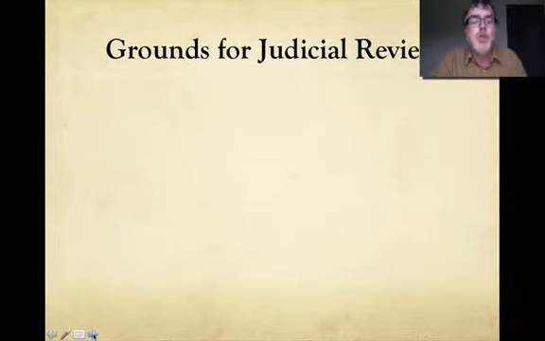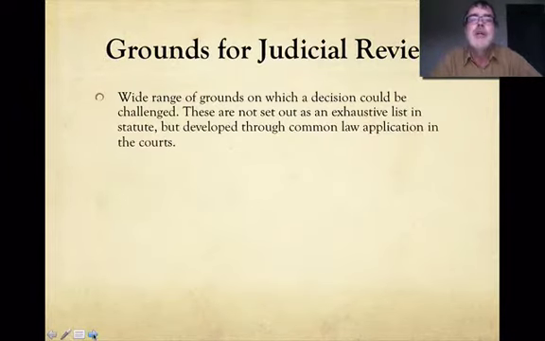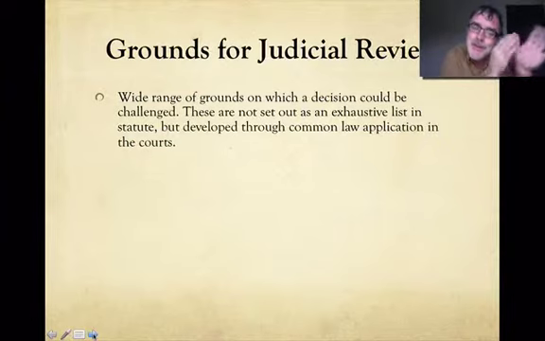So on what grounds can you conduct a judicial review? Well, there are very wide grounds on which a decision can be challenged. And again, these are not set. If you look at the Judicature Amendment Act, it doesn't set out a list of the things that you can do, and there are no forms to fill in or anything.